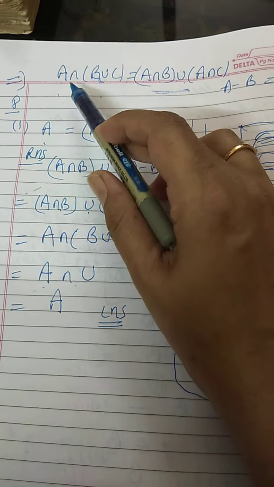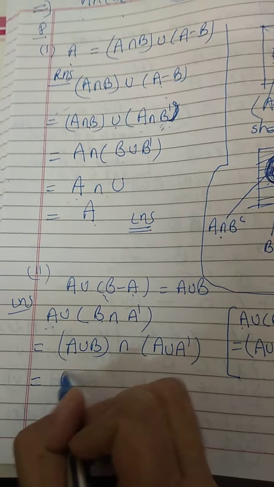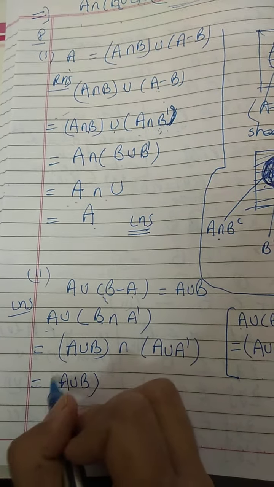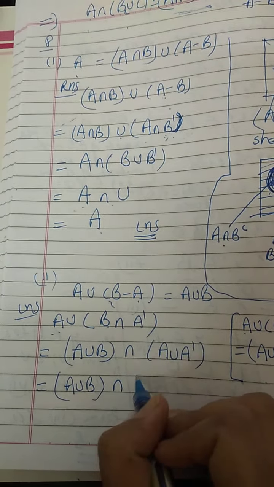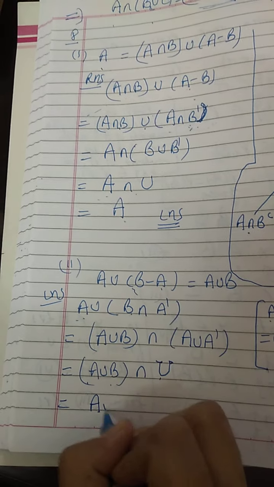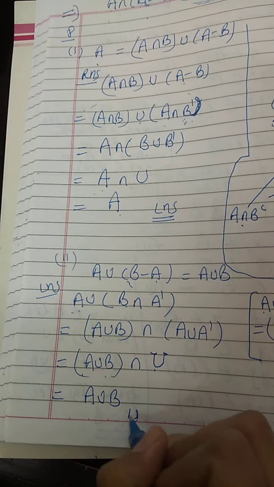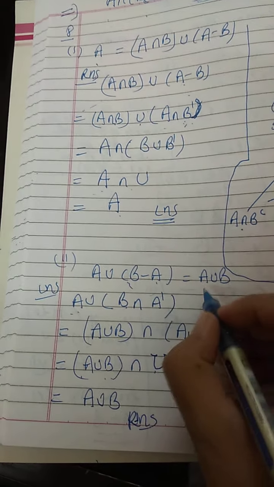In the previous part we used distribution of intersection upon union, okay? So A union B will remain A union B only. A union A complement will give you the universal set. So universal set intersection (A union B) will give you A union B only. That is your RHS to be proved.